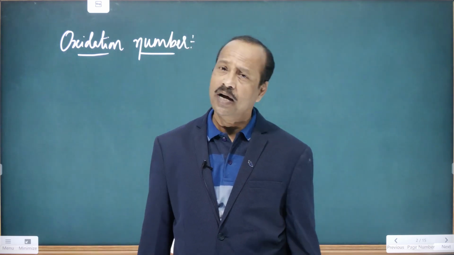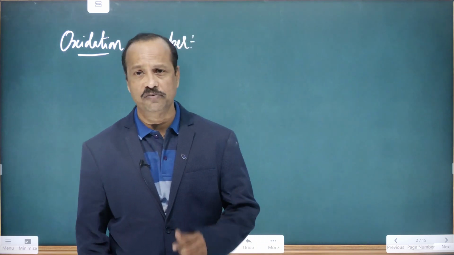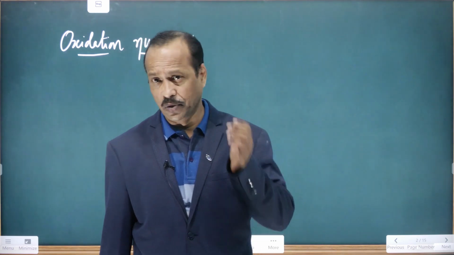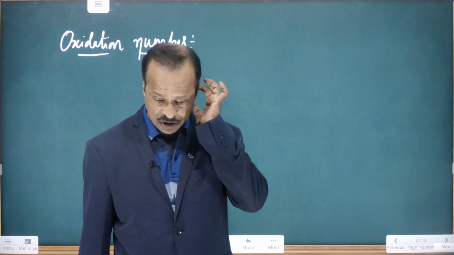That is the simple definition. Many definitions are there. The net amount of charge present on any atom in a molecule is also called the oxidation number. Here we take the very simple definition.